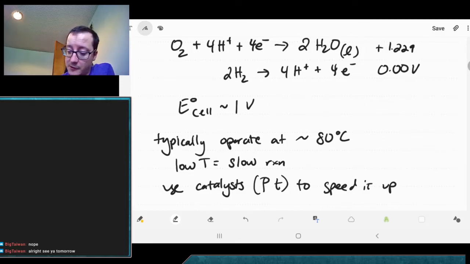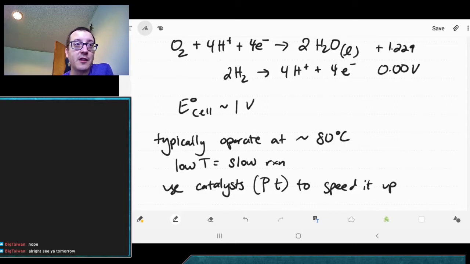And the reason that hydrogen fuel cell cars are so expensive is because of this catalyst. The platinum is expensive, and that's what causes the high cost. If you want to buy a Mirai or the Honda Clarity, those are going to be in the $50,000 range because of the platinum used in these fuel cells.